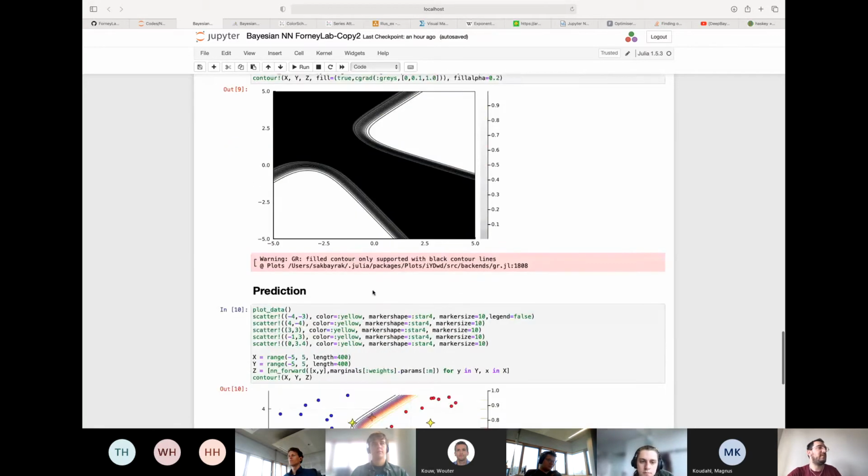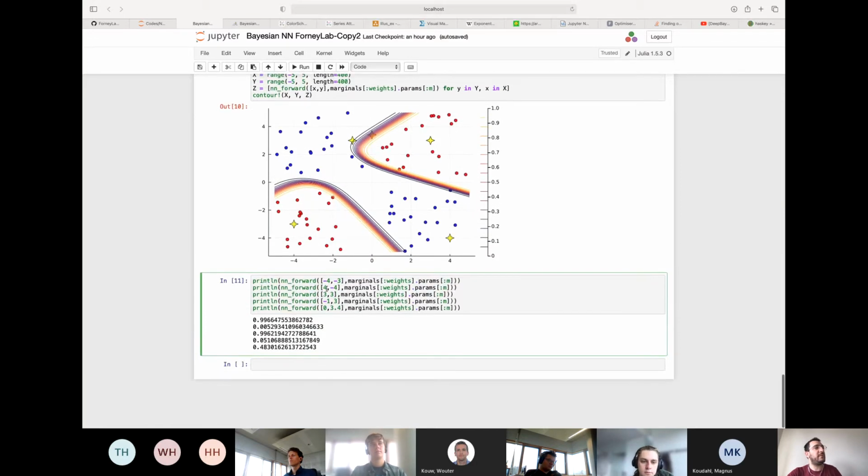So this region is 1. And for this point, 4, -4, which refers to that yellow star, it is classified as 0.